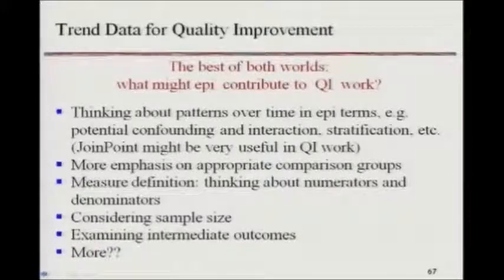So then I'm done. We're going to have this conversation in a little while. This is just my stream of consciousness, because I'm really thinking about how really different QI is from population-based epi. Is it really different, or is it just different terminology? Is it different because it's come out of another discipline?